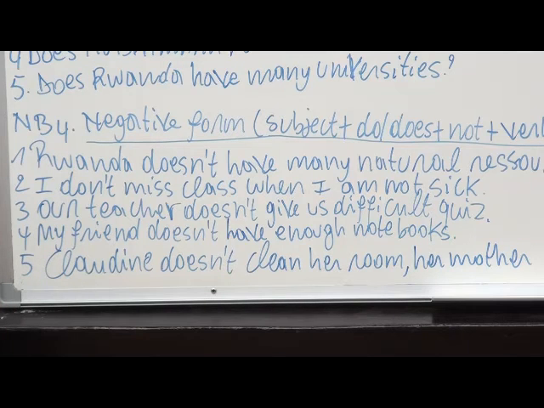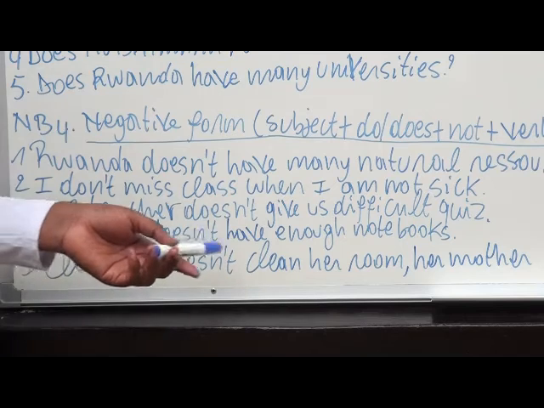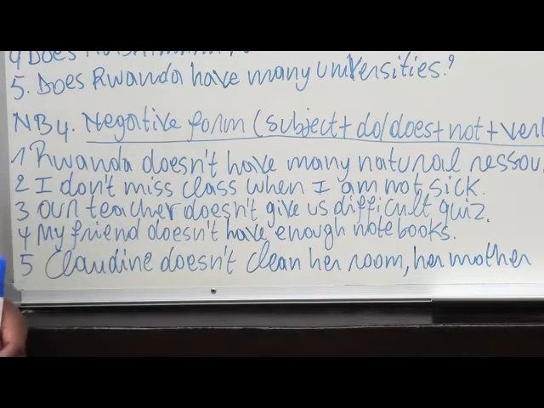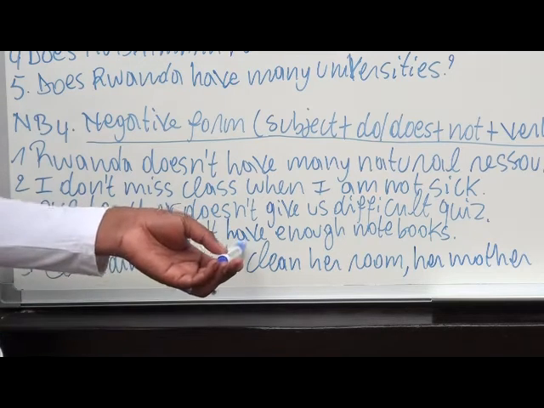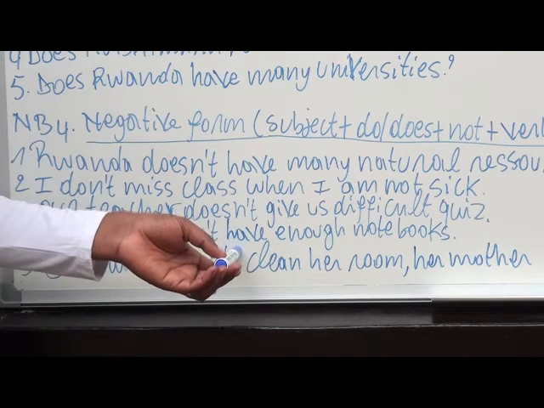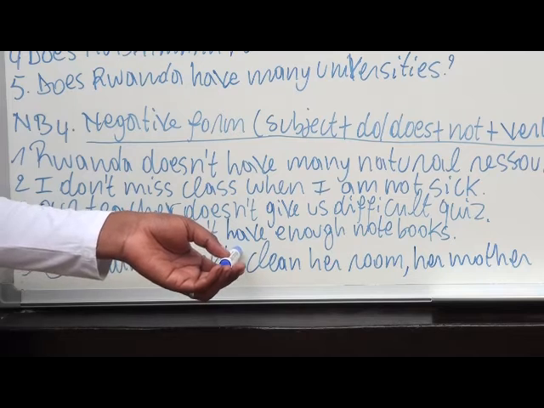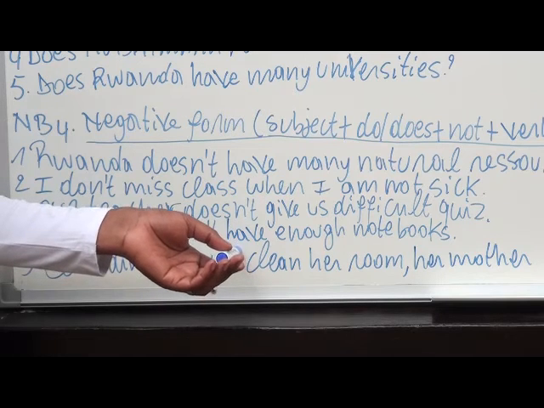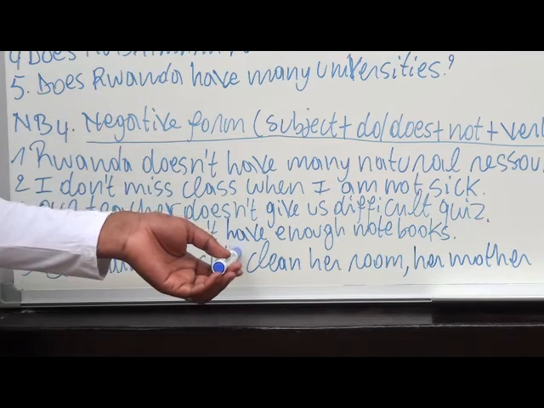Next example, the fourth example here: my friend doesn't have enough notebooks. Please don't say my friend doesn't has enough notebooks. If you say he doesn't has, this will be ungrammatical. It will be out of grammar.